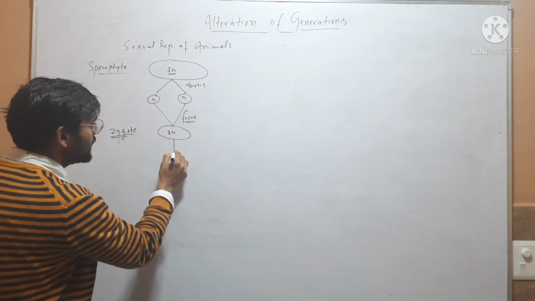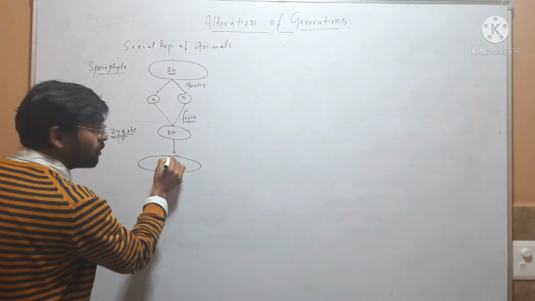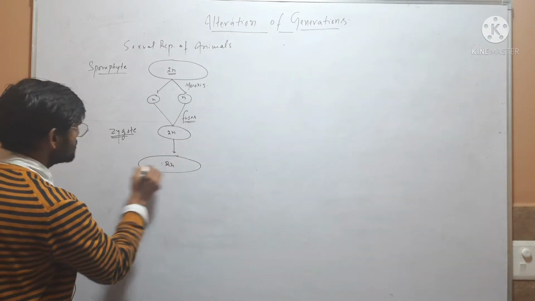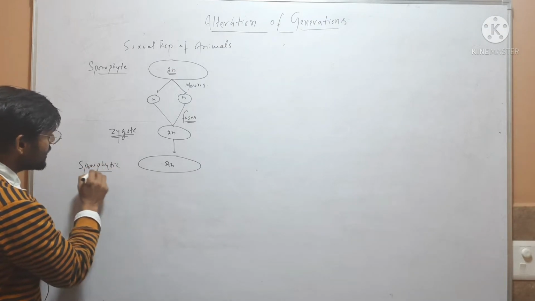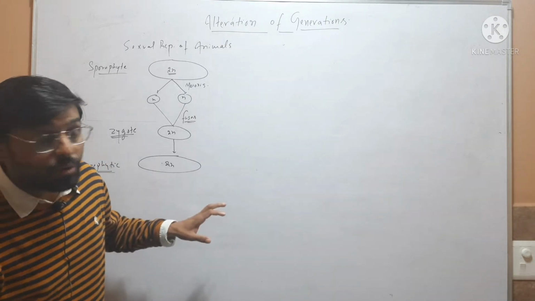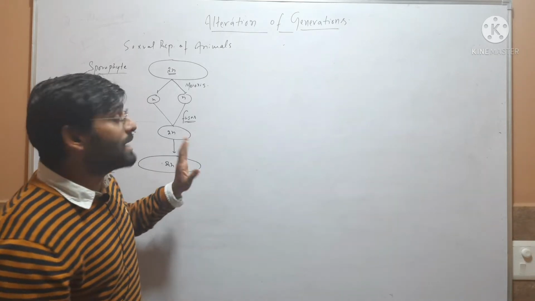This zygote then forms a body, that is a 2n sporophytic body. So this is the life cycle of sexually reproducing animals.